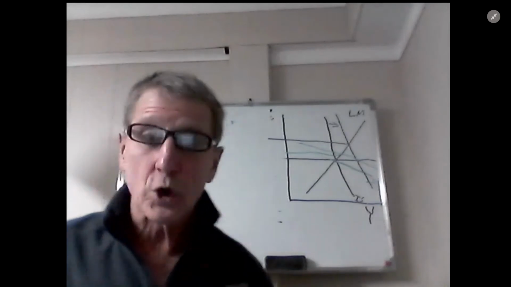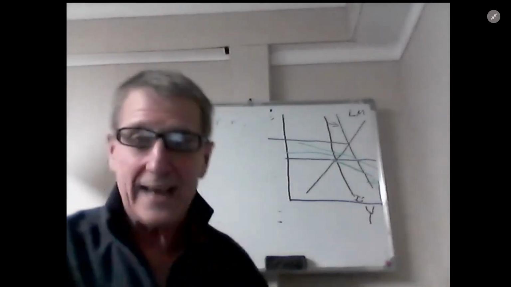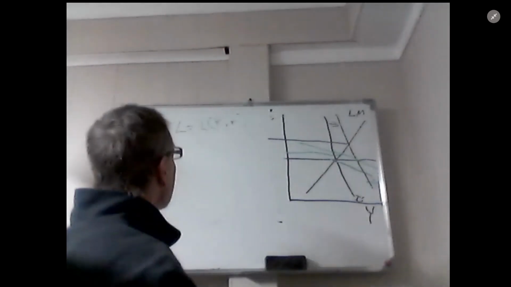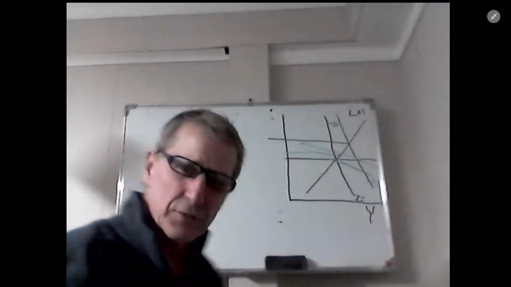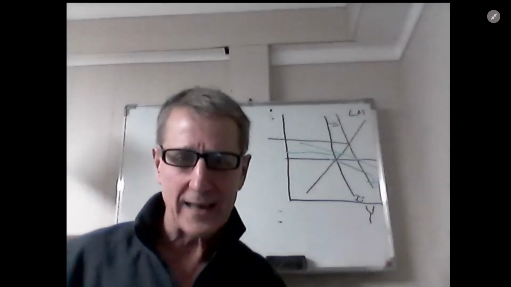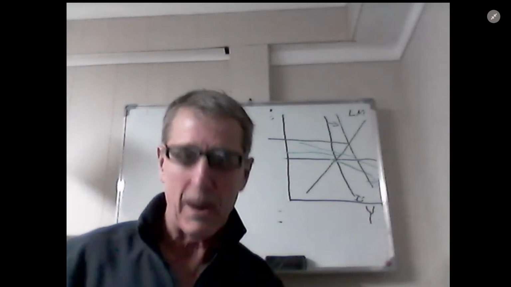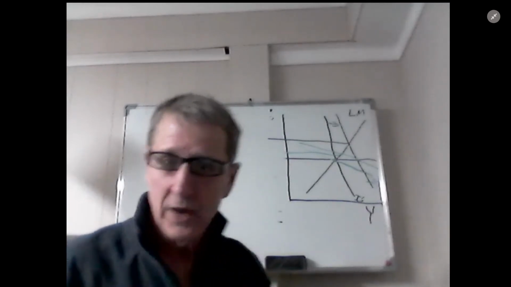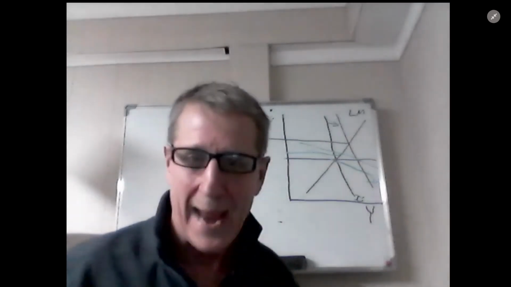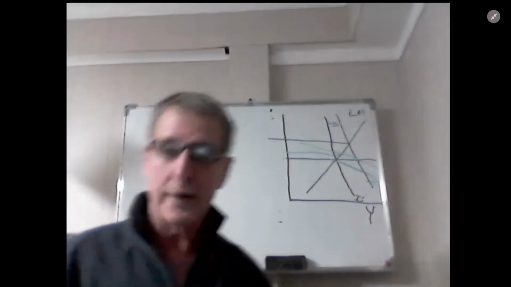As income rises, we're going to need more money to make more transactions. Makes a lot of sense. And then the interest rate. Well, the interest rate is the opportunity cost of holding idle money in my wallet or under my mattress when it could be earning interest in the bank, or I could be holding bonds or whatever.